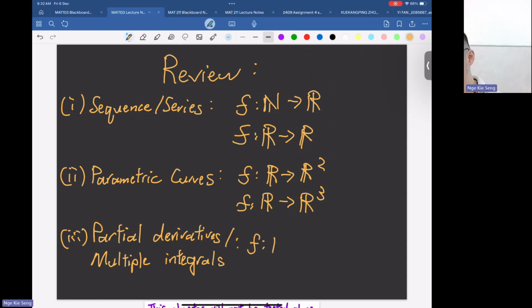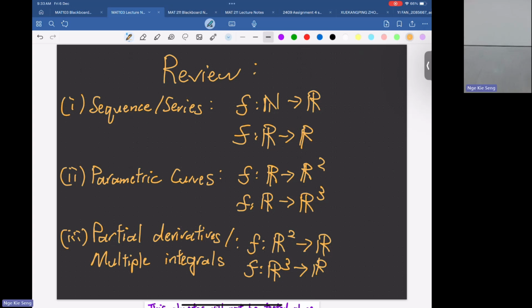These are functions from R2 to R or R3 to R. So how do we think about these functions? You should think about it as you have an R2 or R3, and this R will tell you the height of this point. So this R will attach a number to these points in the domain.